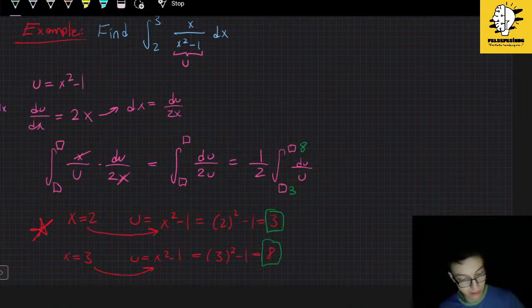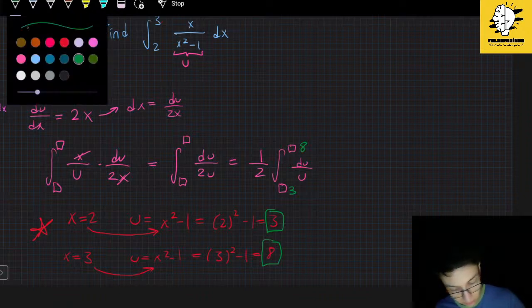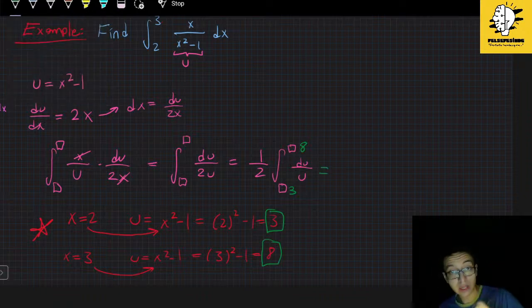Now I can do my substitution. Now it is time to do the substitution. It will be equal to 1/2 ln|u|, and my definite integral limits are 8 and 3.